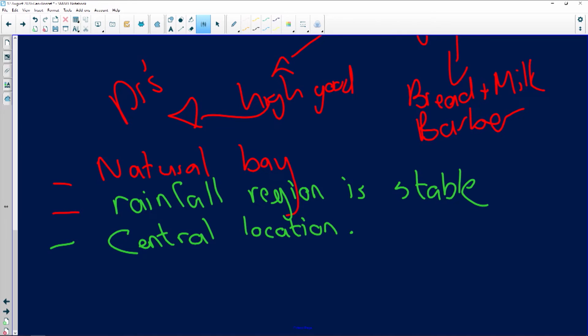We can say that it's got a central location in comparison to our other industrial regions.